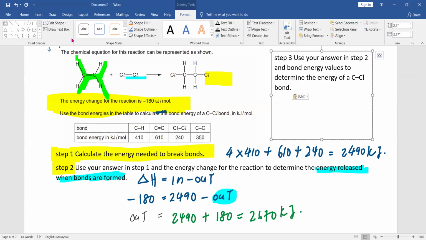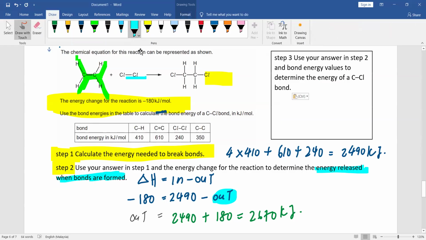Okay, how many C-Cl do you have? You have 2 C-Cl.